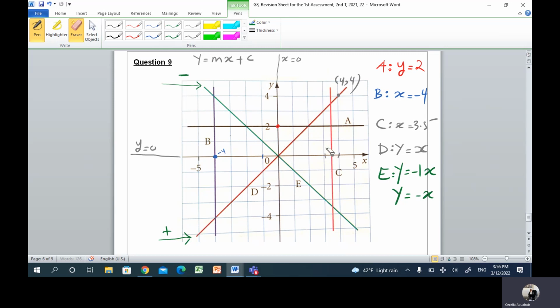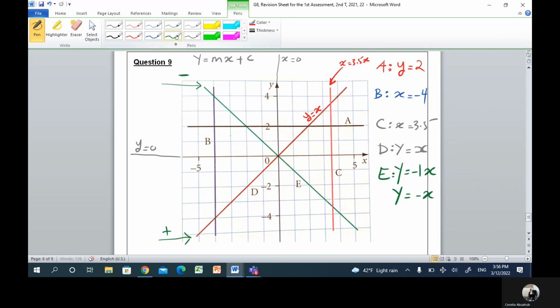Now that we found the equations of the drawn lines, to get ourselves more organized, we're going to say this one is y equals x. This one is c, x equals 3.5x.